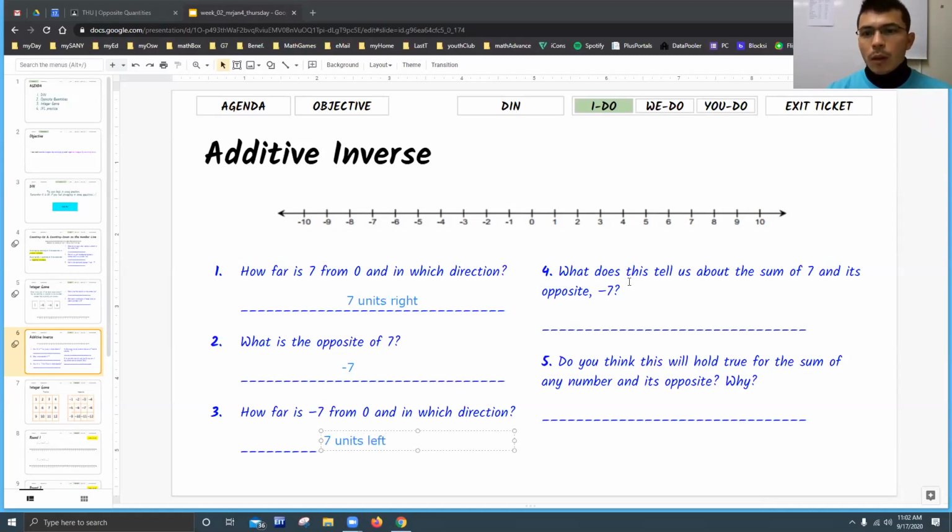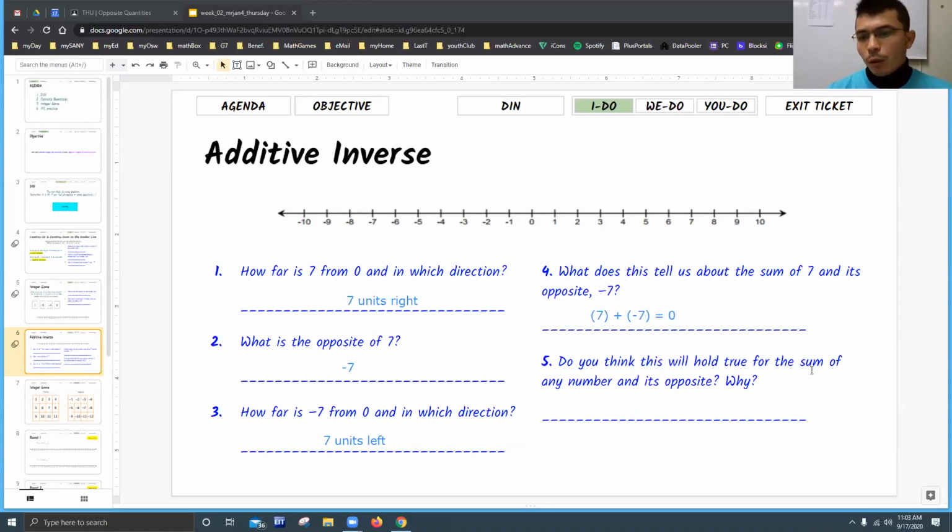Okay, and what does this tell us about the sum of 7 and -7? What do you think? Let's say you have 2 cards, one of them is 7, and you want to add these 2 cards together. What do you think the result will be? Okay, yes. Because whenever you add 2 numbers where one is the other's opposite, the result will always be 0, right?